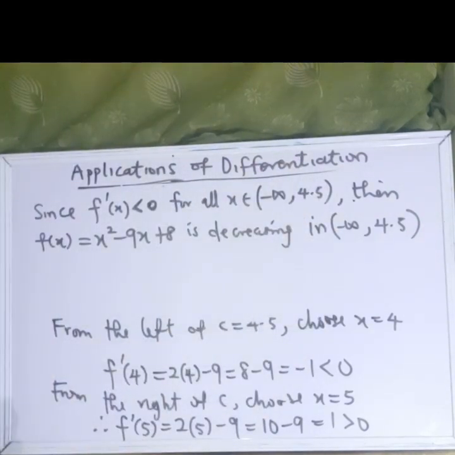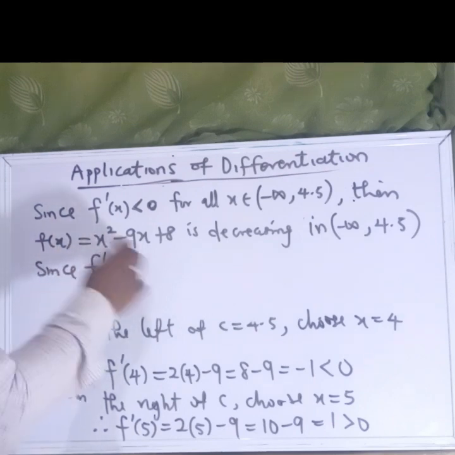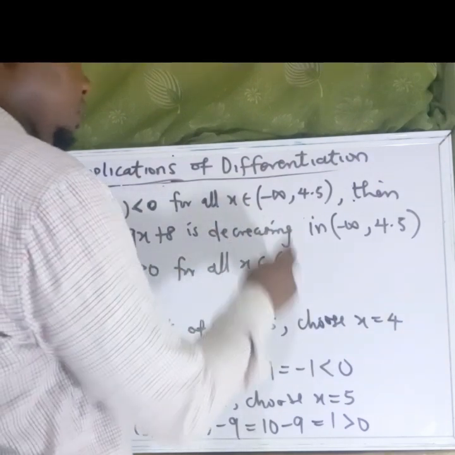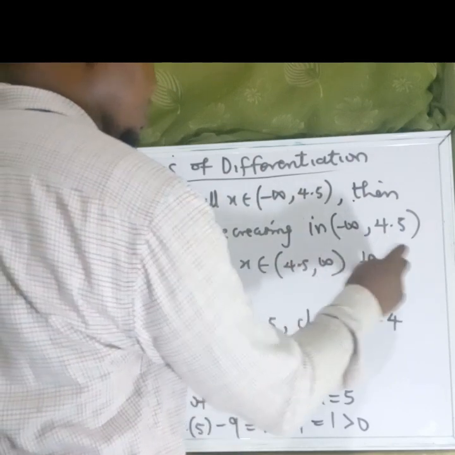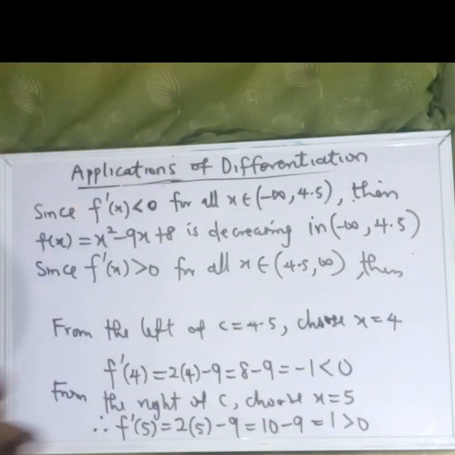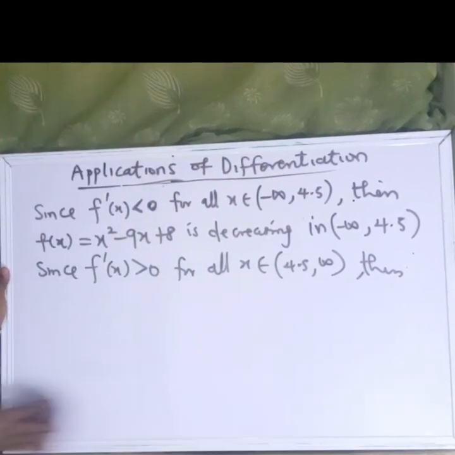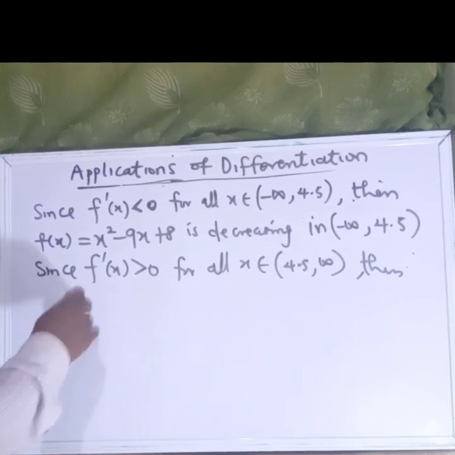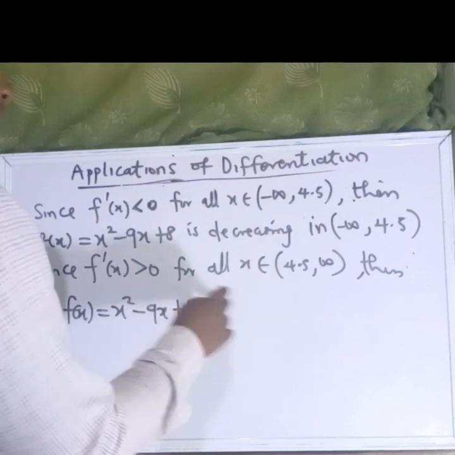Okay, also since f prime of x is positive for all x in the interval 4.5 to infinity, then the function f of x equals x squared minus 9x plus 8 is increasing.